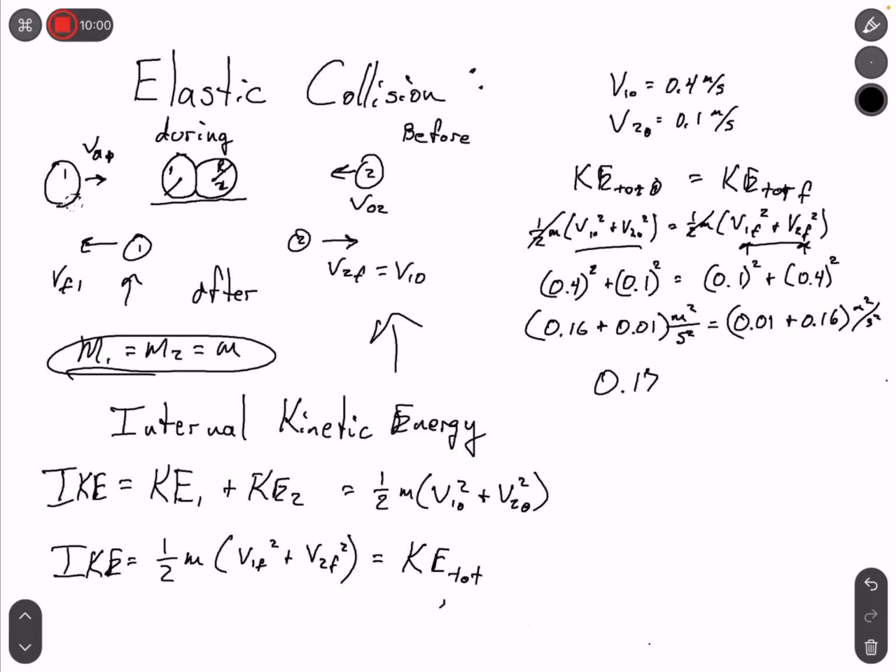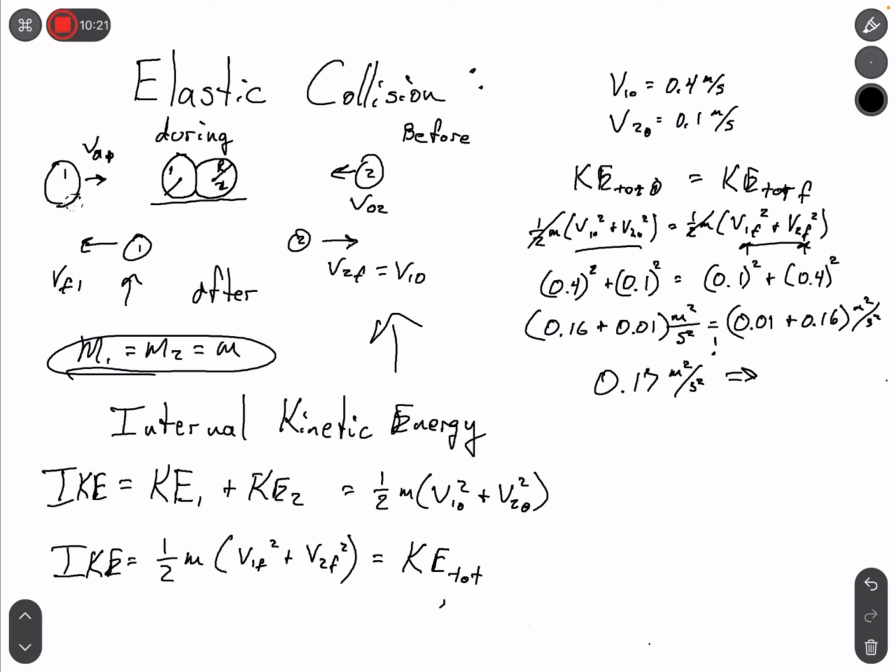And that just equals 0.17 meters squared per second squared. Now, if we want to multiply by the mass and divide by 2, we can do that. That'll give us our energy, but these two things are equal, and that's the important point.